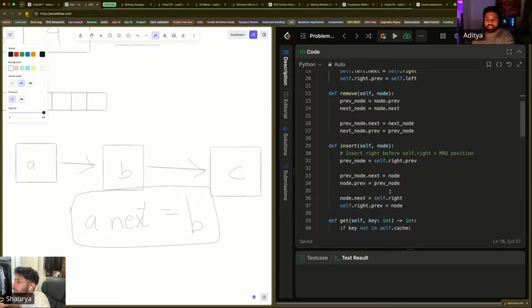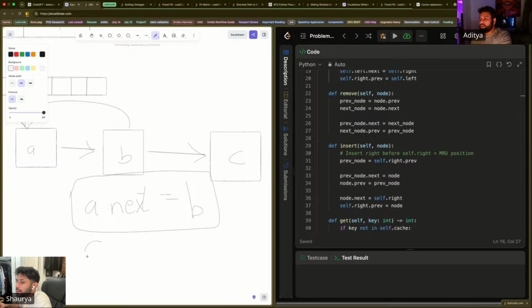But since this is a doubly linked list, B also points back to A, and C also points back to B. So what we have to do at that point is C.prev equal to prev_node. Over here we are doing next_node.prev.